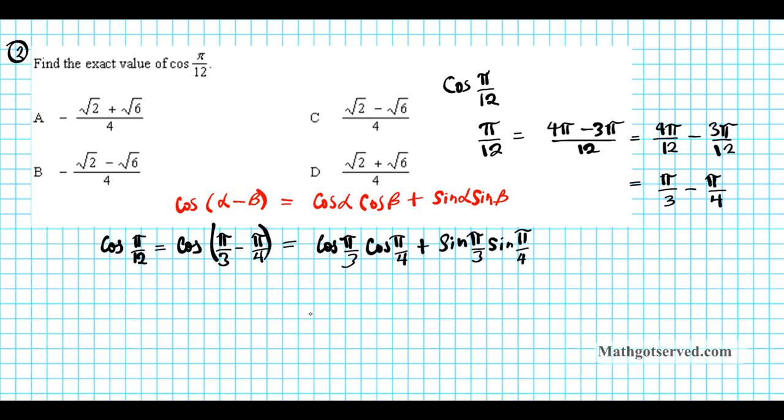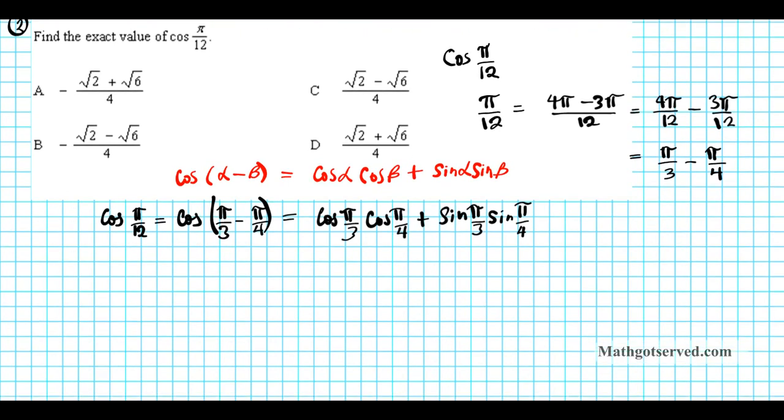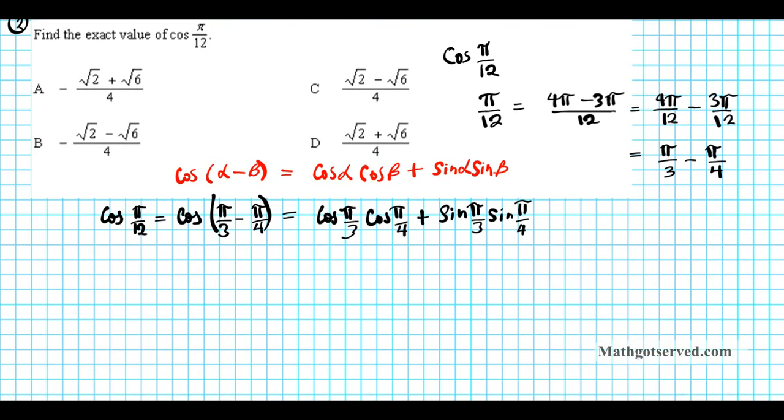All right, now we're going to take a look at our unit circle. Okay, if you remember what it looks like, that's fine. We have two angles here. Alpha is the first one. Alpha is pi over 3, as you can see here, and beta is pi over 4. Now on the unit circle, pi over 3 has x and y coordinates.